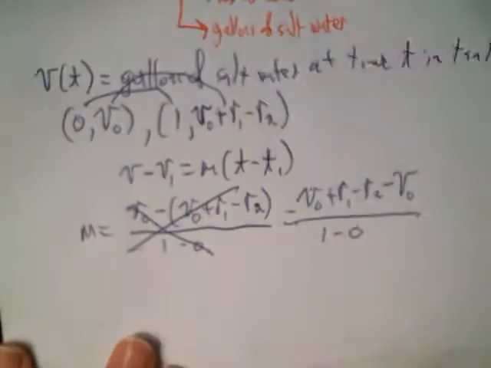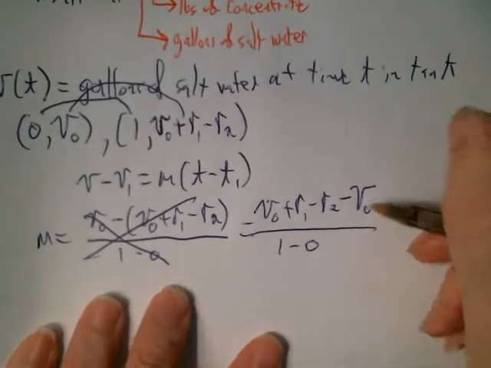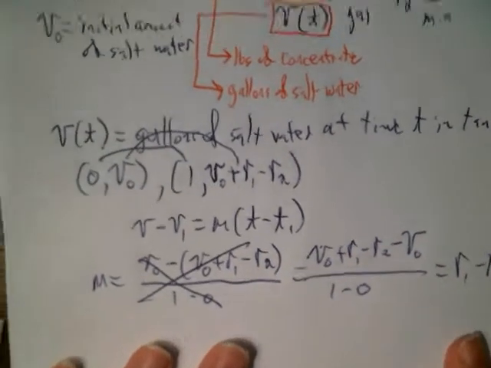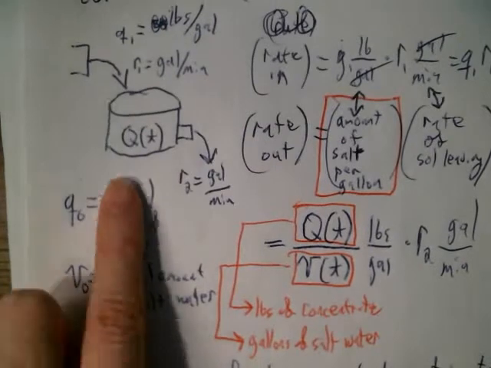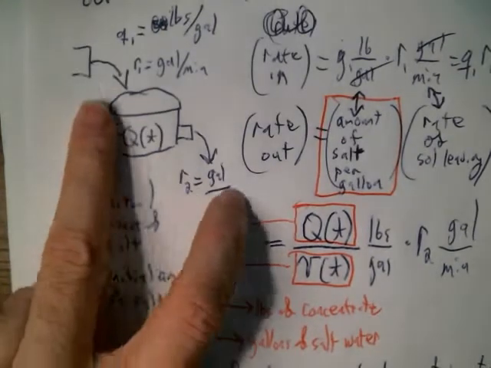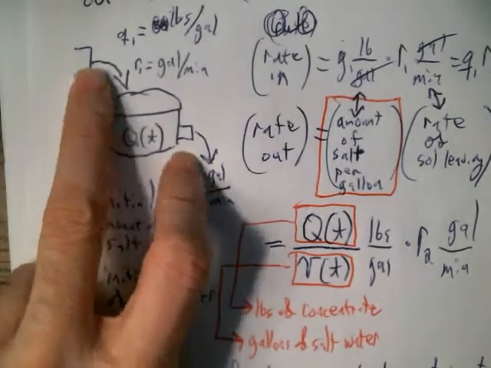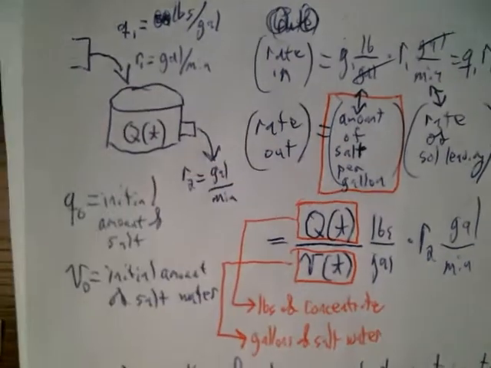That gives you R1 minus R2 for your slope. After 1 minute, the amount of additional salt water will just be the difference between the amount that came in and the amount that went out during that minute.